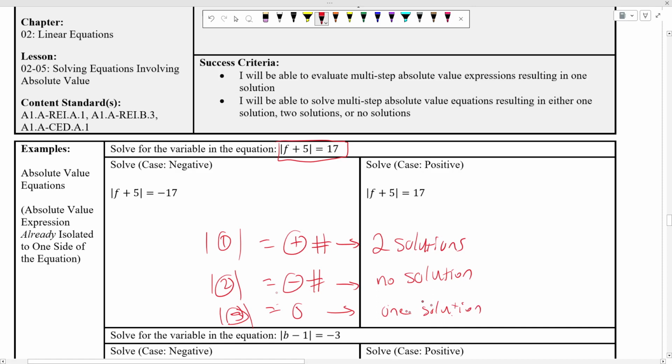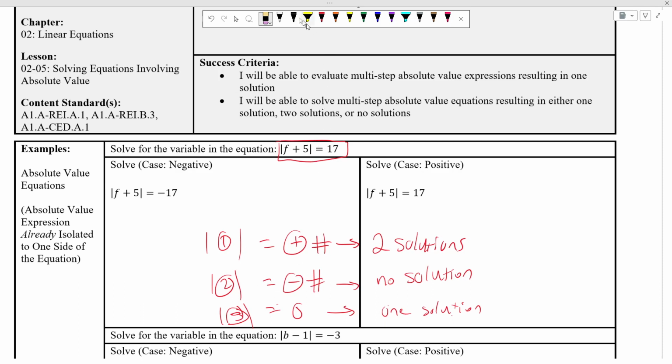Solution being in reference to the value that the variable can take on. Okay, so I want you to have this overview of the different options that these equations can result in, for we will be looking at each one in the following examples.